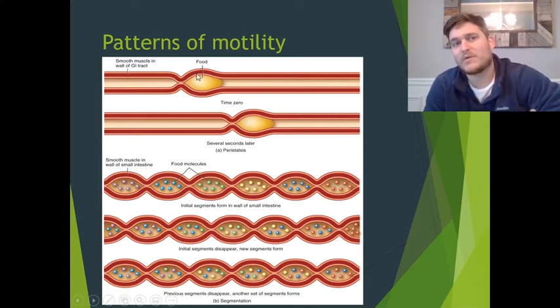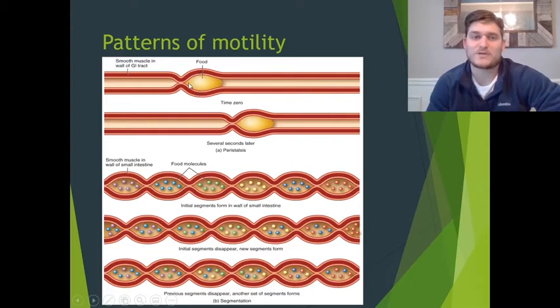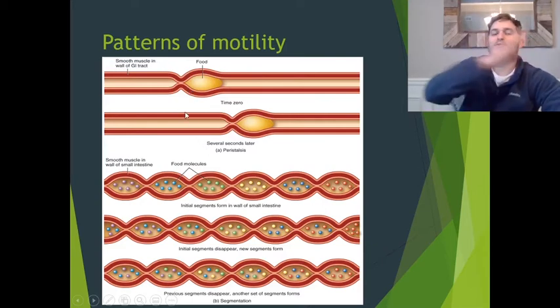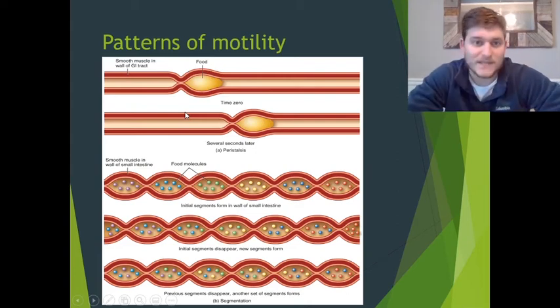And then because of that stretch, these smooth muscles are going to contract. And what that does is helps push the food along through the esophagus here. And so as the segment of smooth muscle here contracts, the food moves along, and then that section will relax. And that's how it gets pushed through our digestive system.